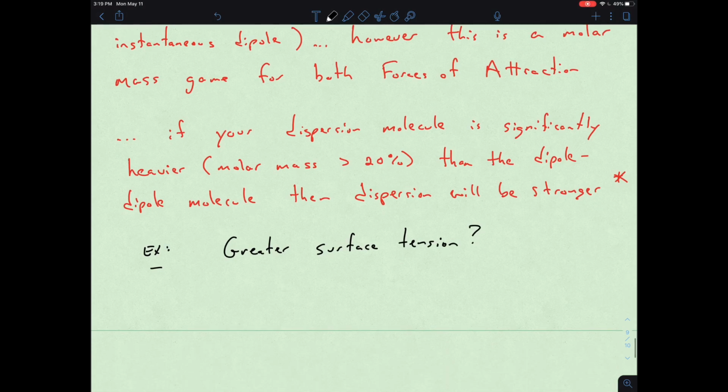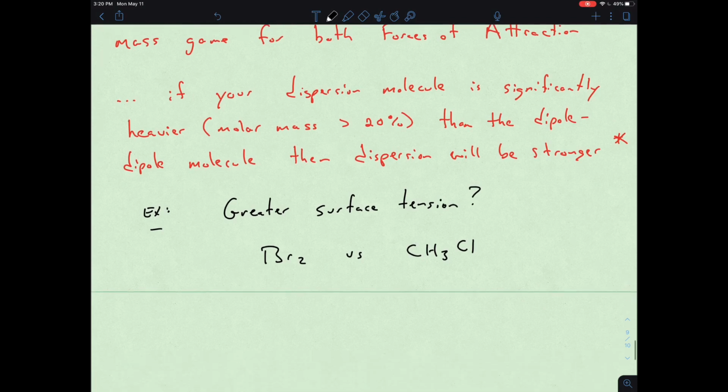And we'll ask, bromine versus chloroform. And so when we look at now two different forces of attraction, we just want to be slow and stepwise in our production of, okay, well, what's bromine look like?